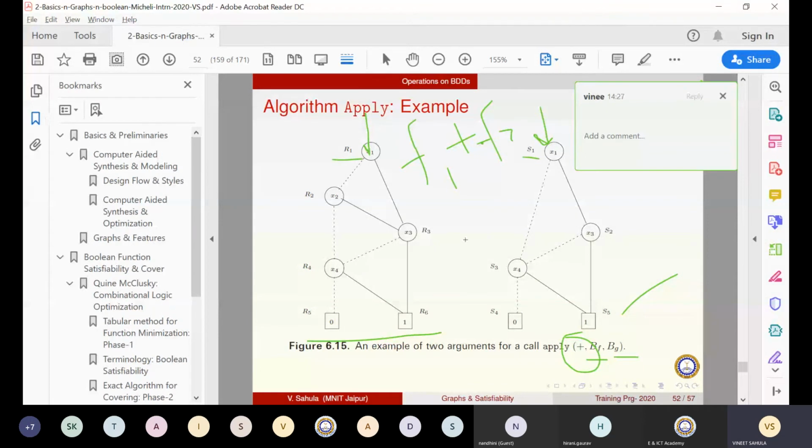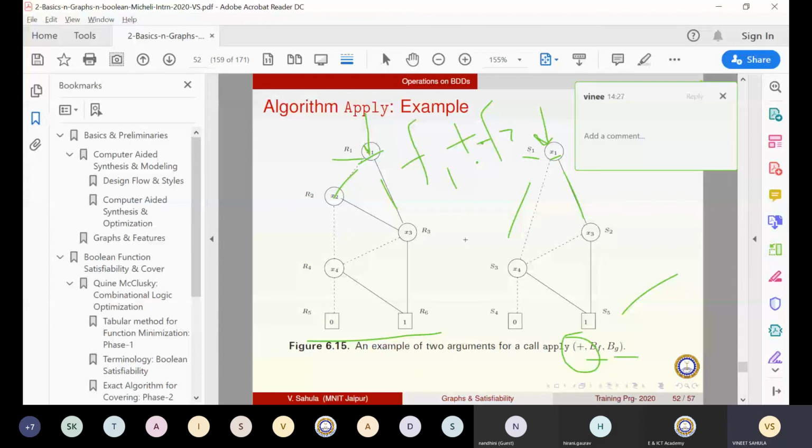That simply implies that instead of doing the operation between the two vertices here, we can do the same operation between their respective children. So doing the operation between R1 and S1 implies that I take the left child of R1 and the left child of S1 and do the same operation between them, R2 and S3.